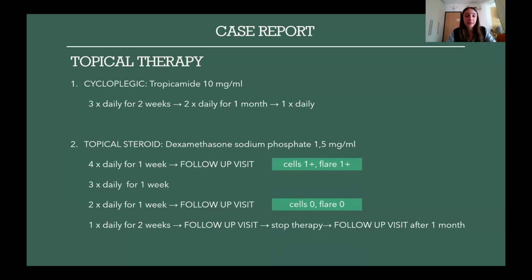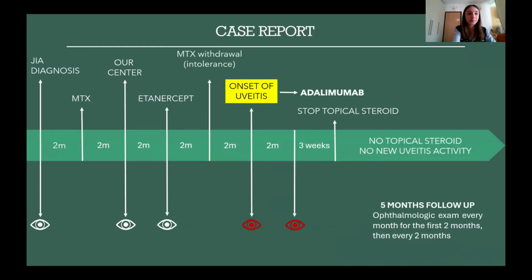So we tapered again dexamethasone to 1 drop daily for another 2 weeks, and at follow-up visit, there was no anterior segment inflammation. We controlled the patient after 1 month, and we saw a mild reactivation, and so we introduced again topical steroids and cycloplegics. And inflammation resolved in 3 weeks.